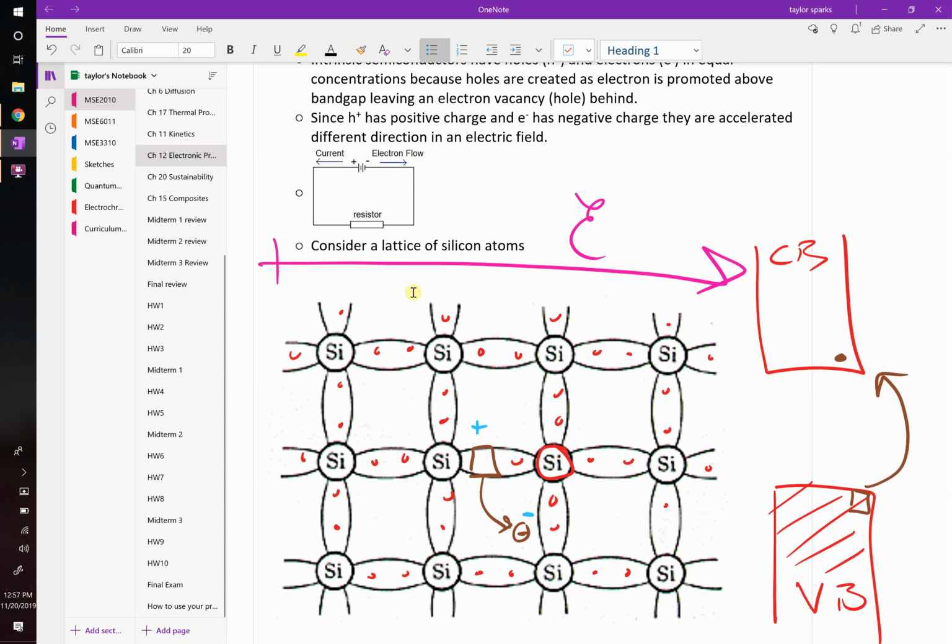The hole for the electron. And that could hop just like diffusion, right? This hole could move over there, and now this would be occupied by an electron, right? Now you've got a missing electron in that spot. So these things can hop just like atoms hopping with the vacancy diffusion mechanism, okay?